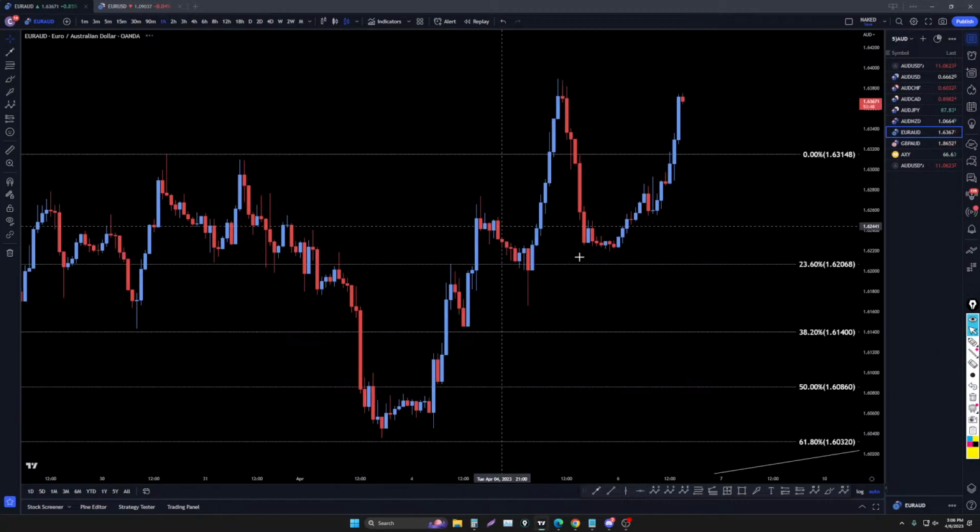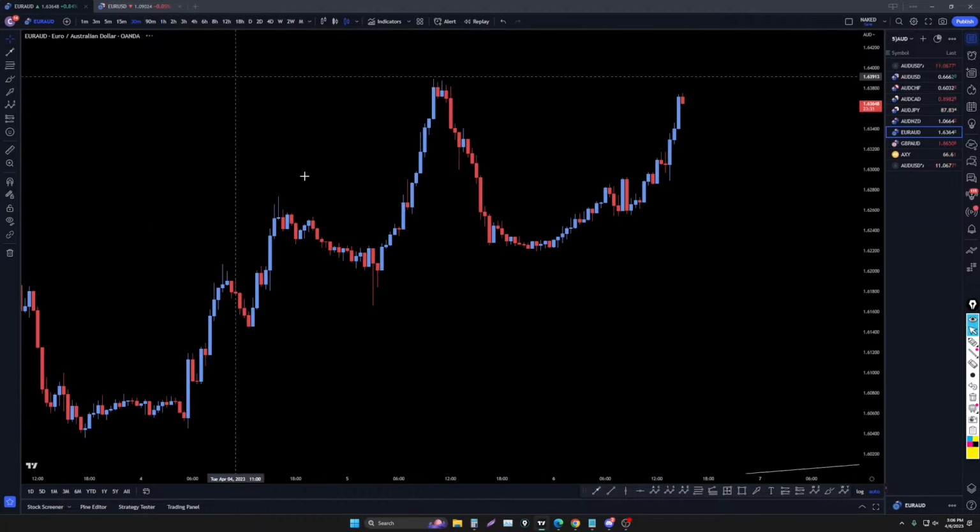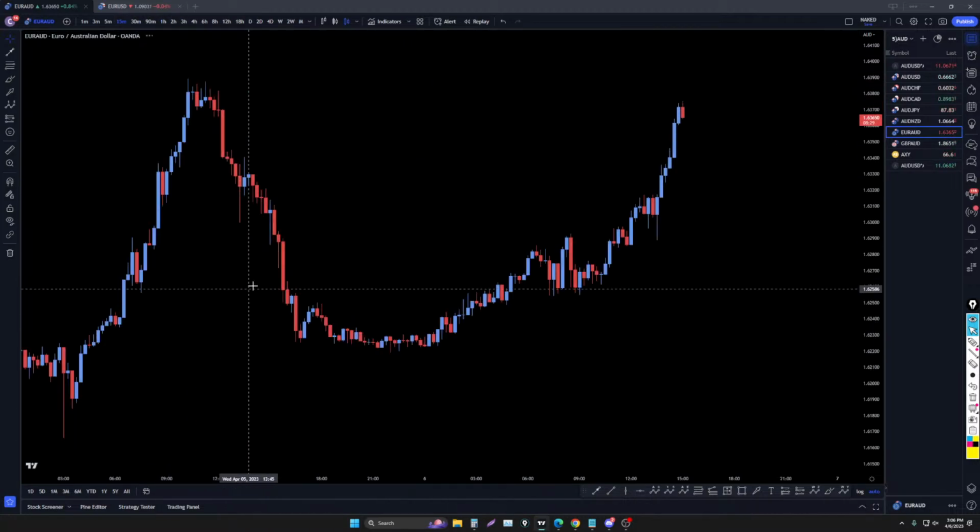I don't really follow these pairs that closely anymore. That's pretty clear right there. This wasn't a very clear entry either, but the way it turned up and broke structure, that's like a motive wave correction right there. I talk about how motive wave corrections are pretty common. The more I talk about them, the more often I see them.